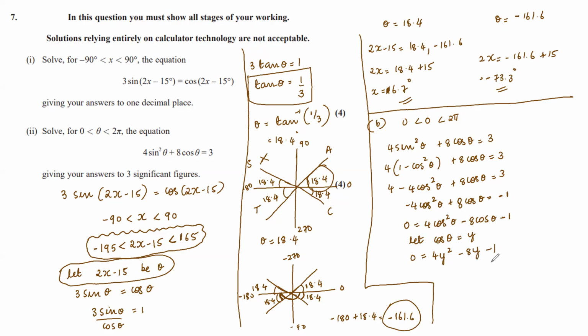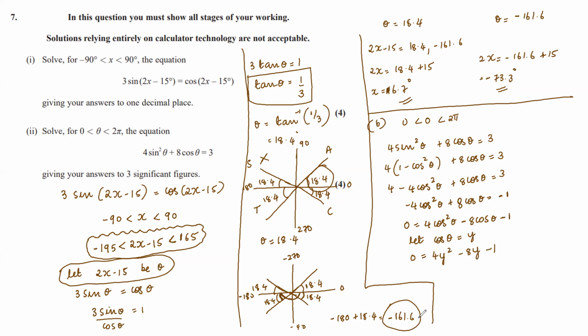Now we have a quadratic equation. You can use the formula method, factorizing method or completing the square method. For the time being, I'm just putting them in the calculator here. A value is 4, B value is minus 8, and C value is minus 1.